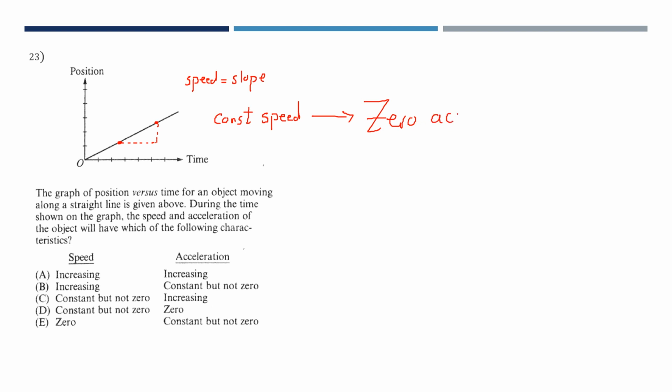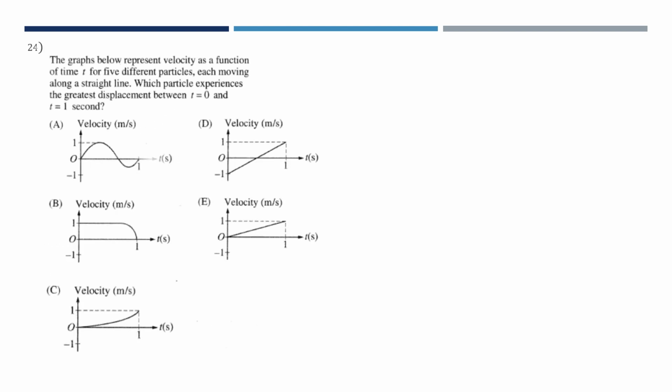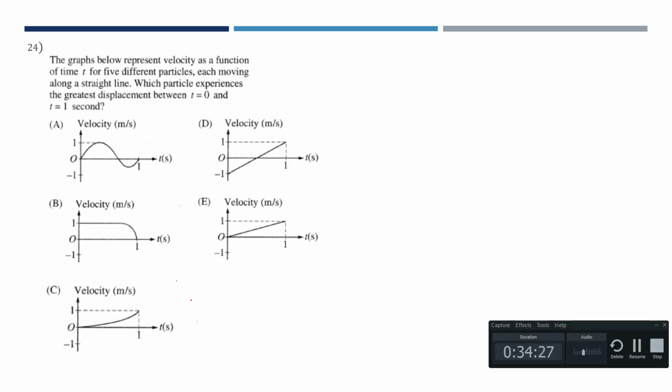So we have zero acceleration because we have a constant speed. So now we have a constant but not zero speed, and we have a zero acceleration. By the way, this cannot happen: you cannot have a constant speed with an increasing acceleration. Let's move to question 24.